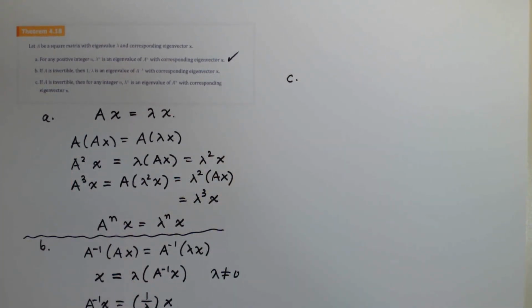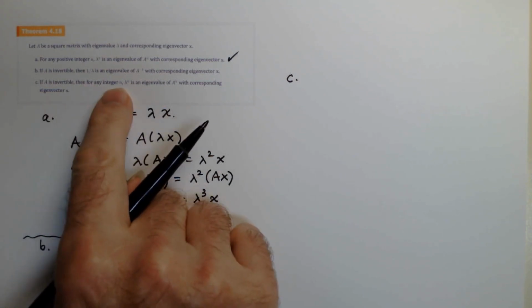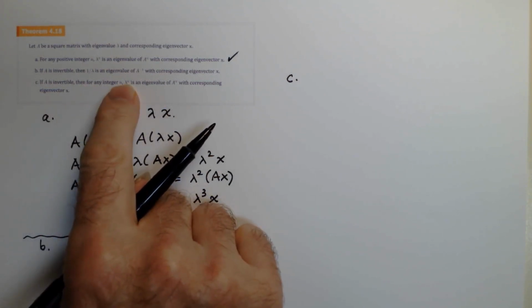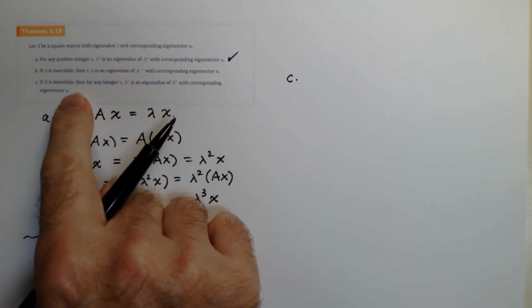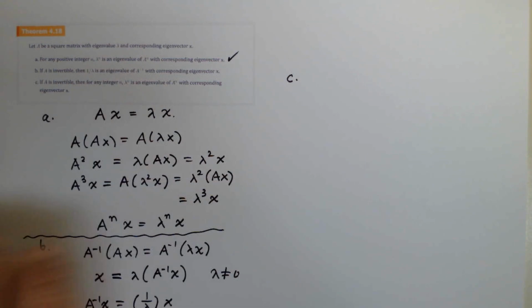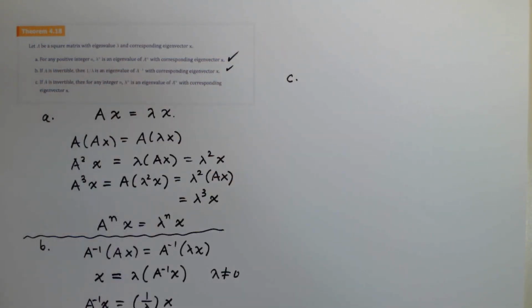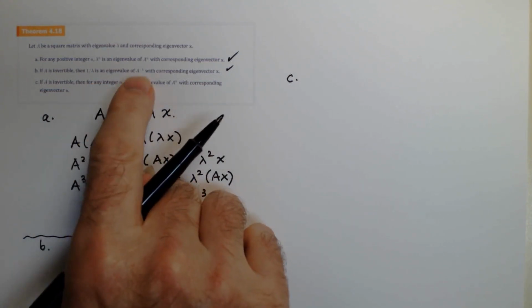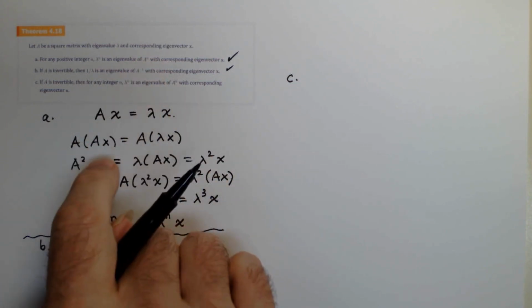Now part C is asking us to show that if A is invertible, then for any integer n, lambda to the n is an eigenvalue of A to the n with corresponding eigenvector x. Now, this sounds suspiciously like part A, right? It sounds just like what we proved in part A, except the hitch is this: we've already covered the case when n is a positive integer.